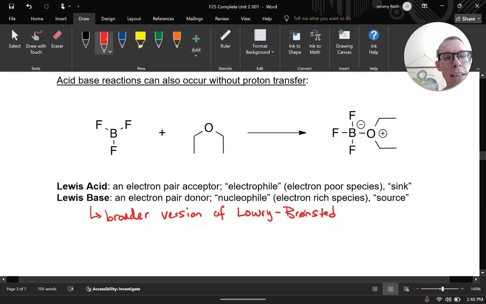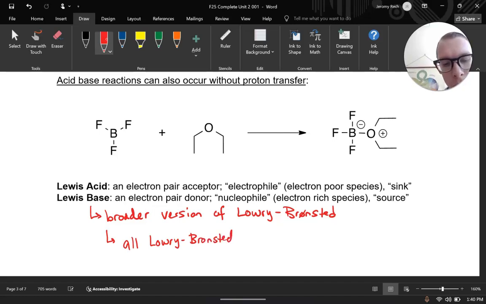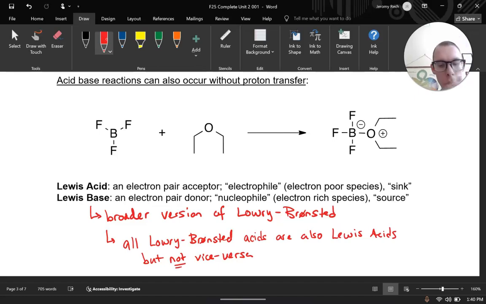And because of that, we have this special relationship where all Lowry-Bronsted acids, for example, are also Lewis acids, but not vice versa. So just because you're a Lewis acid does not mean that you're a Lowry-Bronsted.